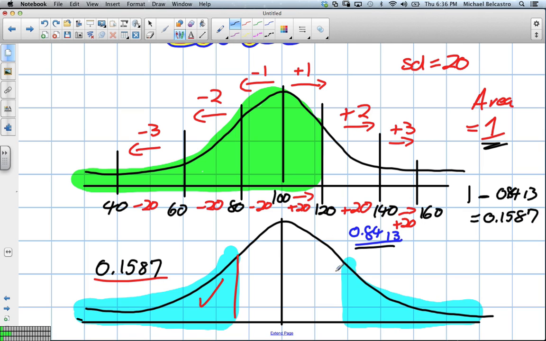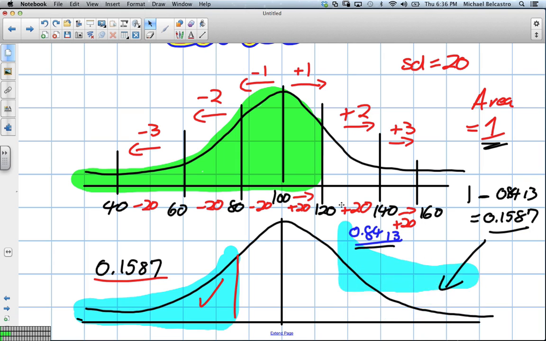It just so happens we took identical amounts. So in other words, because we subtract, this area would fit right into here and fill out the rest. 1 plus that green part would be 0.8413. So because we subtract it, we got 0.1587, and they end up being identical amounts.